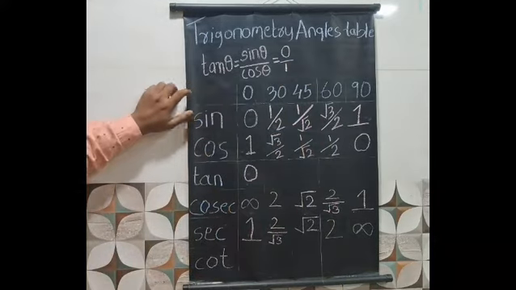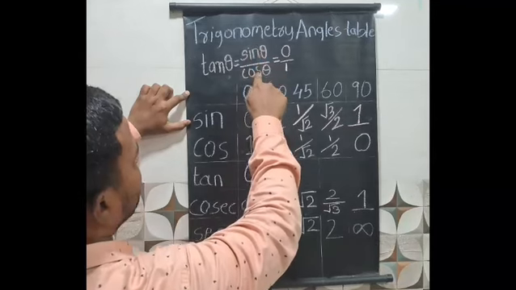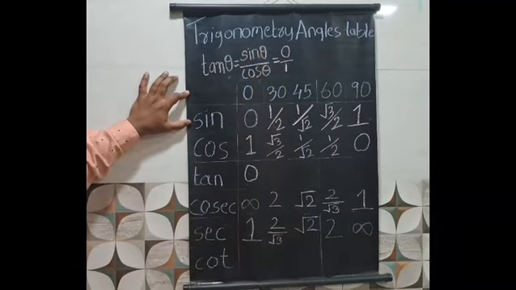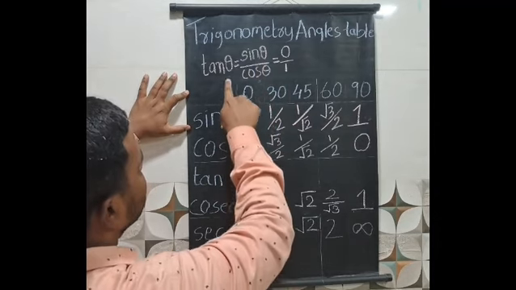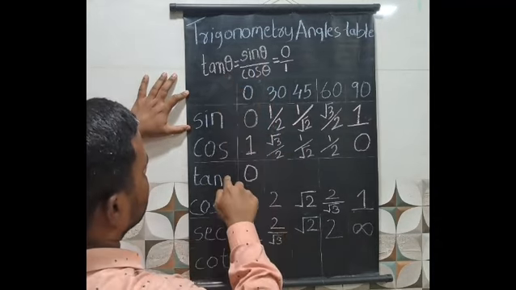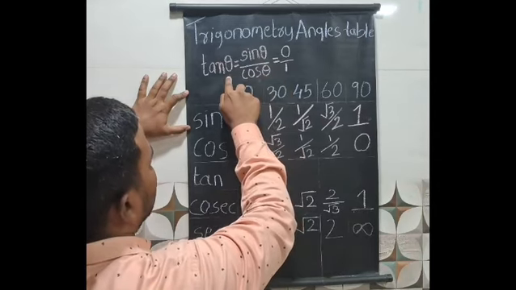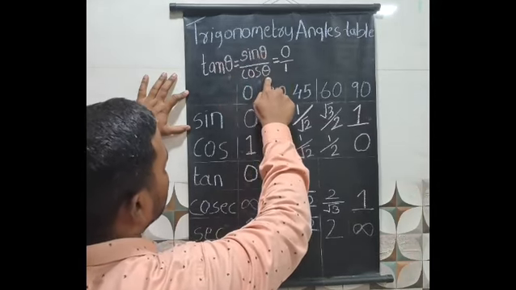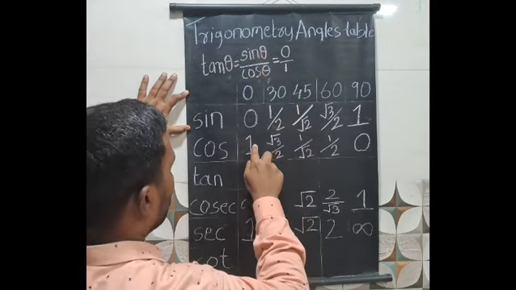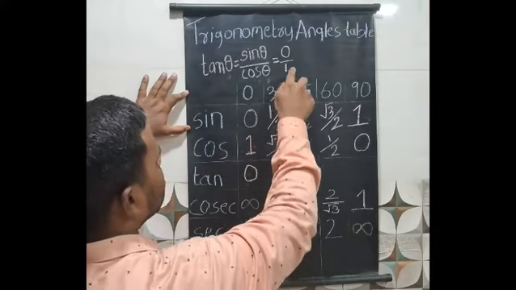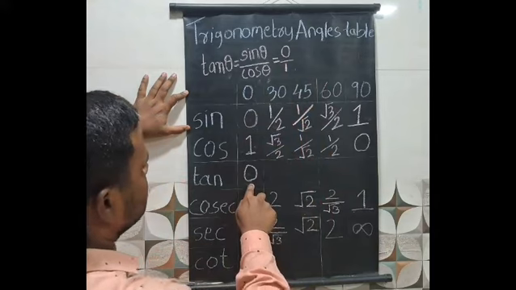Tan theta is sine theta upon cos theta, and we use this formula to derive the value of tan theta. Tan 0 is sine 0 upon cos 0. Sine 0 is 0, cos 0 is 1, and 0 upon 1 is 0.